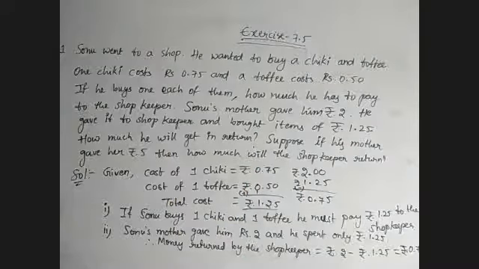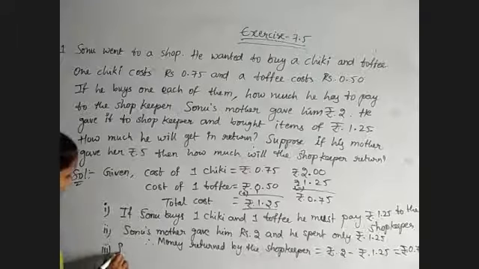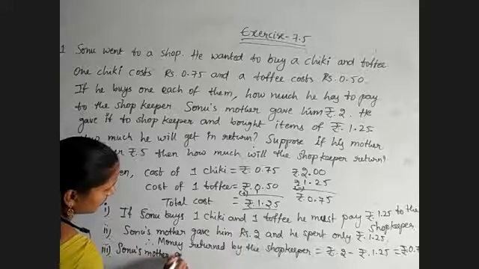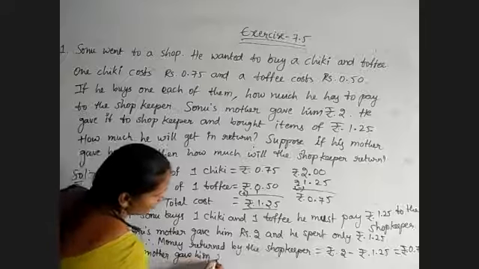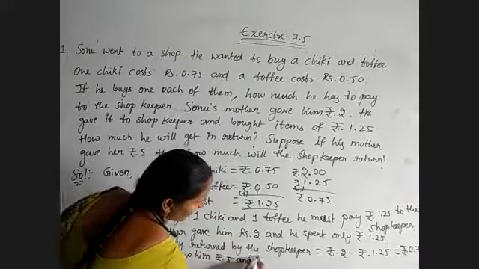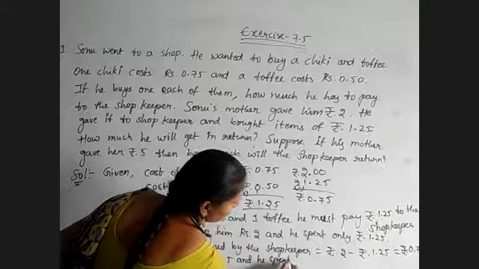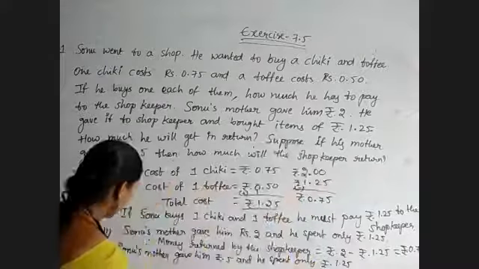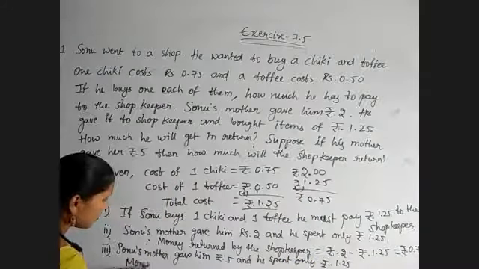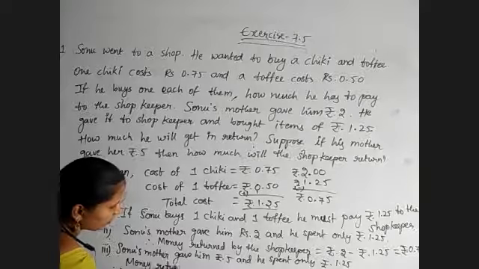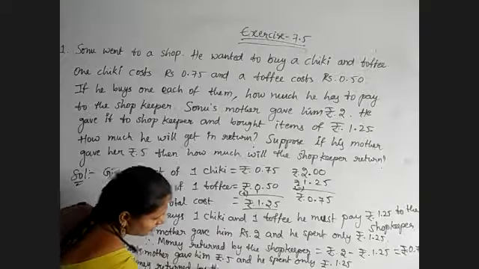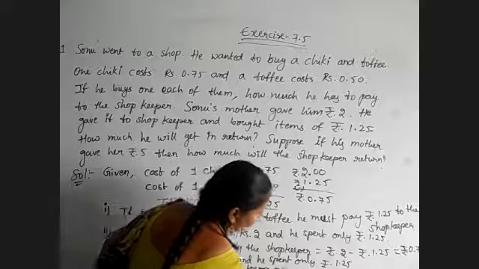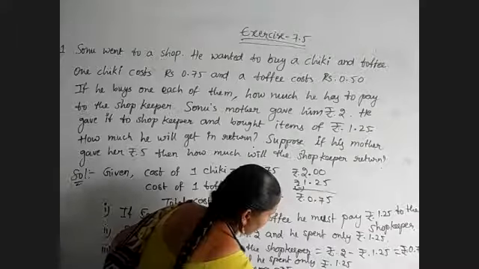Okay, if Sonu's mother gave him 5 rupees and he spent only 1.25 rupees, then money returned by the shopkeeper will be equal to 5 minus 1.25.